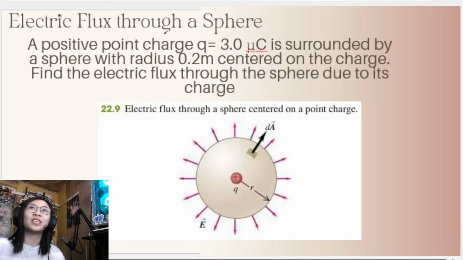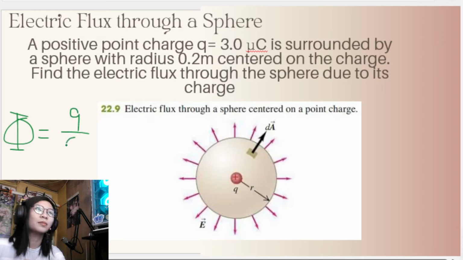Now, let's go back to the sphere. Sphere has a charge of 3 microcoulomb. So that will be flux is equal to Q over epsilon naught, where your Q is 3 microcoulomb, while your epsilon naught is 8.854 times 10 raised to negative 12.